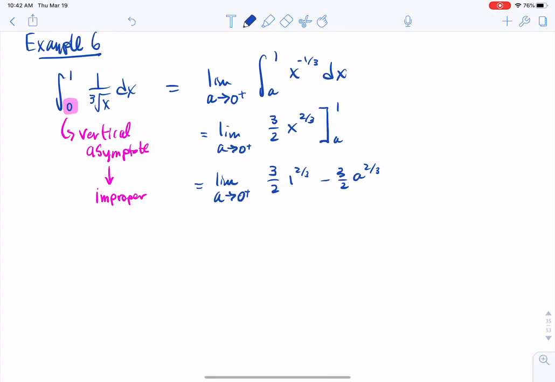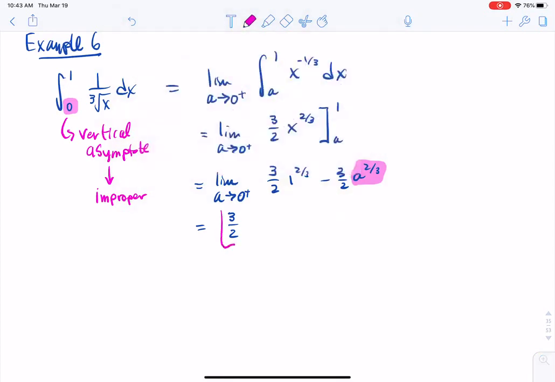All right, so the first part of this, 1 to the 2/3 power, is still just 1. So I have 3 over 2. I got 3/2. And then on the second one here, when I take 0 from the right to the 2/3 power, it's still 0. It's gone. So that part is finished.